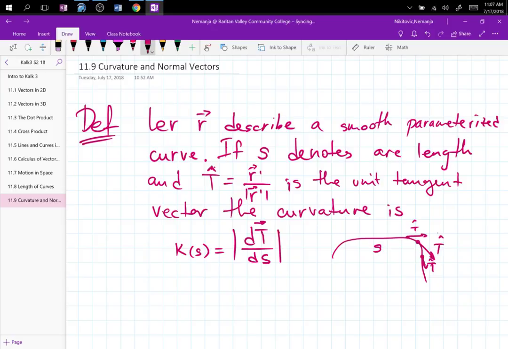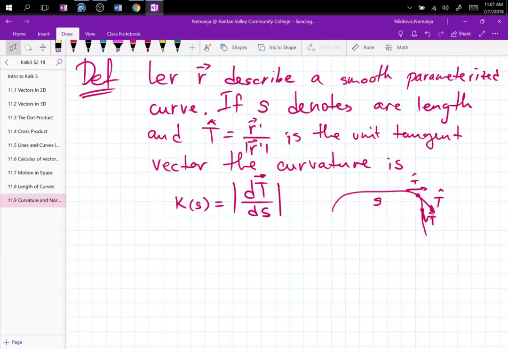So we see in this case that we have the definition. Now, we are not going to use this to calculate curvature. We are going to use curvature in terms of t. So what I'm going to do is take this unit tangent vector, divide by dt, and then ds divide by dt as well, right?